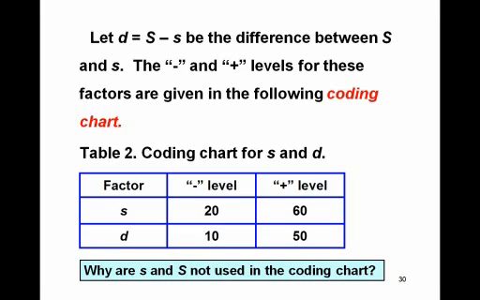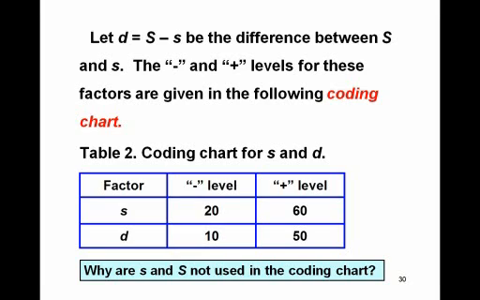And since this is a made-up problem, we're not going to really worry about how we got these particular levels for our two factors, little s and little d. What we're going to look at here in our 2-to-the-2 design is little s at the levels 20 and 60, which you notice are 40 apart, and little d at levels 10 and 50, which is also 40 apart.